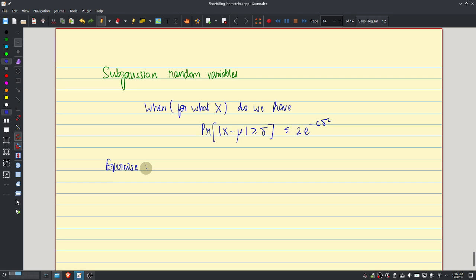So a simple exercise, sort of an extension of what you did in your homework one. You can show that you can compute all the moments of a Gaussian random variable. So for a Gaussian random variable x and any p greater than or equal to 1, you can show that this is equal to 2 raised to p by 2 times the gamma function of (p plus 1) by 2, whole divided by gamma half.